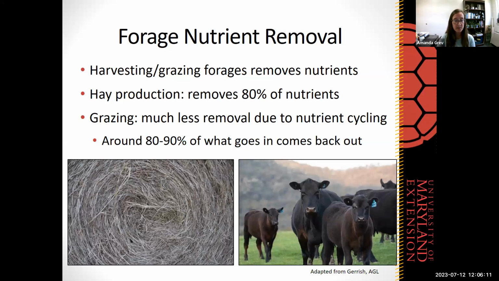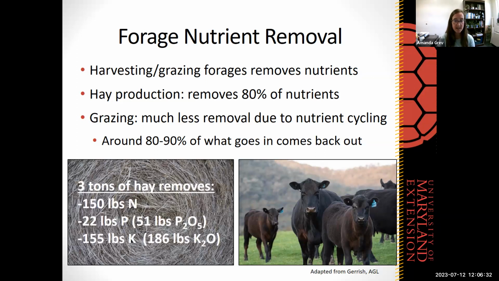And just to put some numbers to that, here we have an example comparing a hay production system versus a system with cattle on pasture. If we consider these on an equivalent land basis, say 1 acre for each of these systems, and we're harvesting a 3-ton crop of hay, we're removing on average 150 pounds of N, 22 pounds of P, and 155 pounds of K with that hay crop as we cut it and remove it from that field.